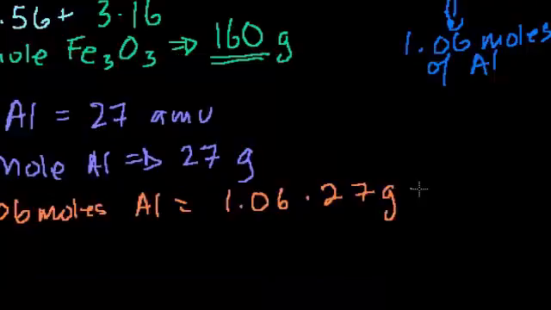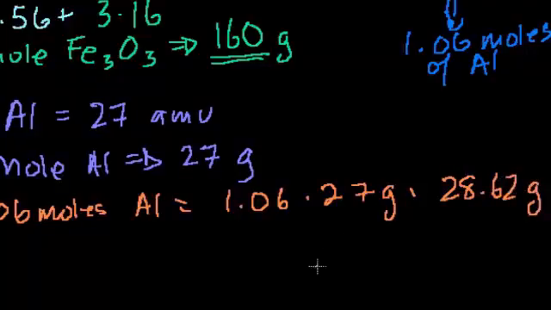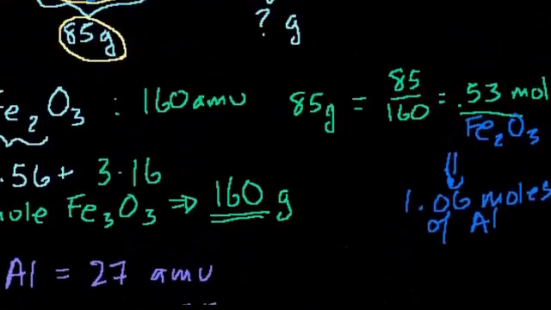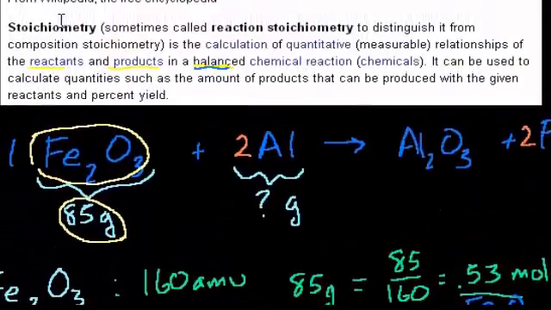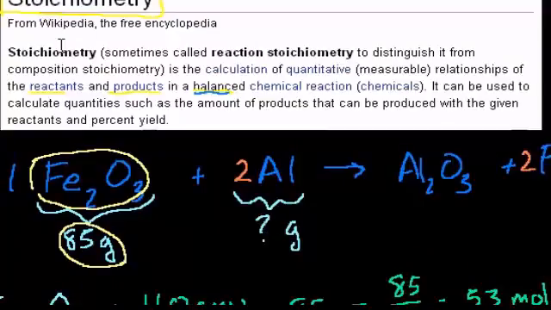So we need 28.62 grams of aluminium in order to essentially use up our 85 grams of iron 3 oxide. And if we had more than 28.62 grams of aluminium, then there'll be some left over after this reaction happens, assuming we keep mixing it nice and the whole reaction happens all the way, and we'll talk more about that in the future.